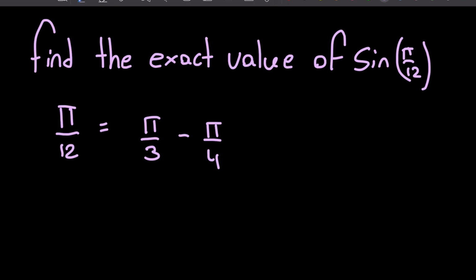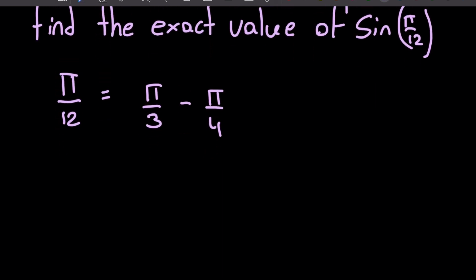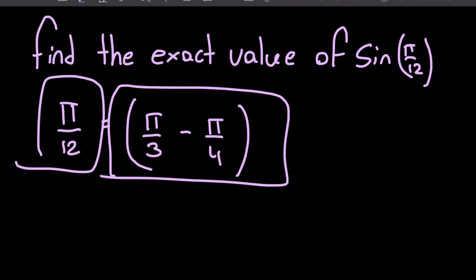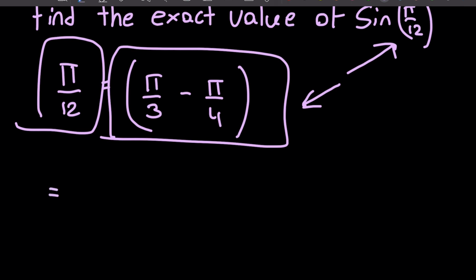So if these two things are equivalent, we could use the one with a negative sign in place of this pi over 12. So instead we'd be left with sine of pi over 3 minus pi over 4.